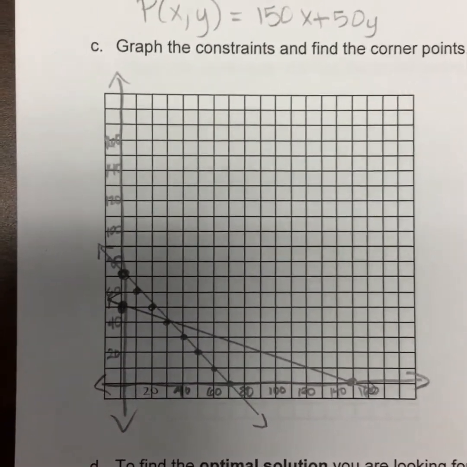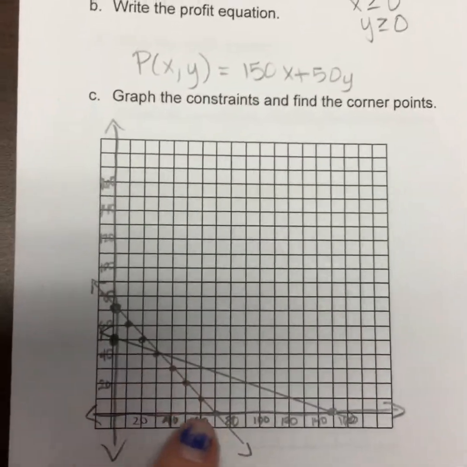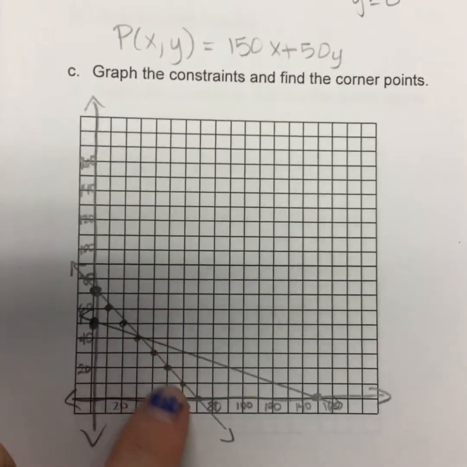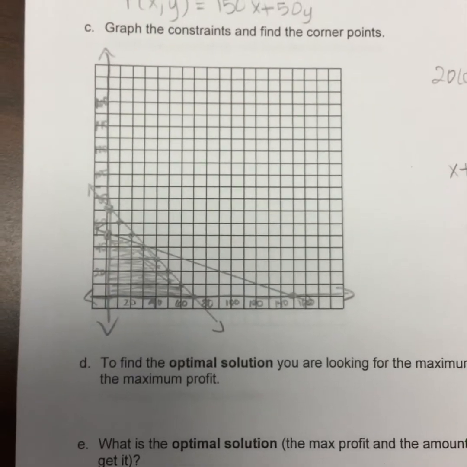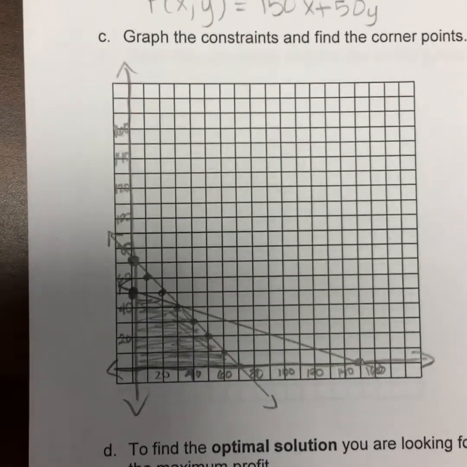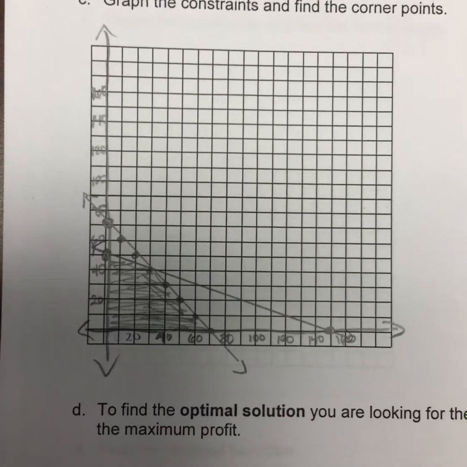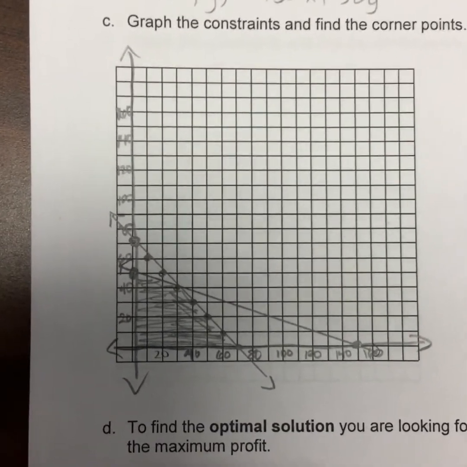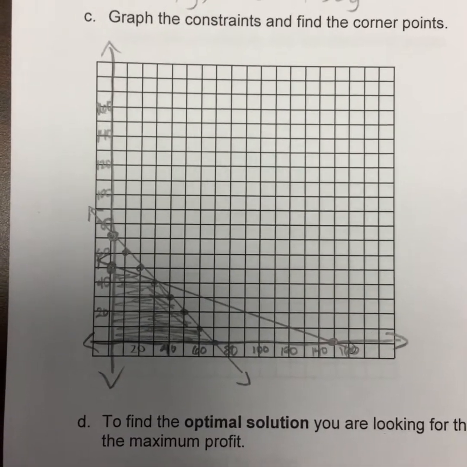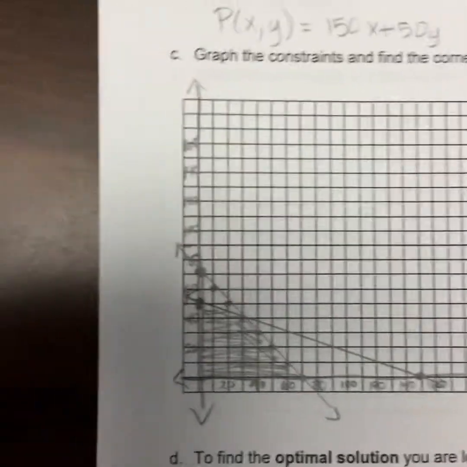And so my feasible region is this region here, kind of in between the axes and the two lines. So now I have my vertices: the origin 0, 0, the y-intercept of 0, 50, the x-intercept of 70, 0, and then that intersection where those two lines cross.